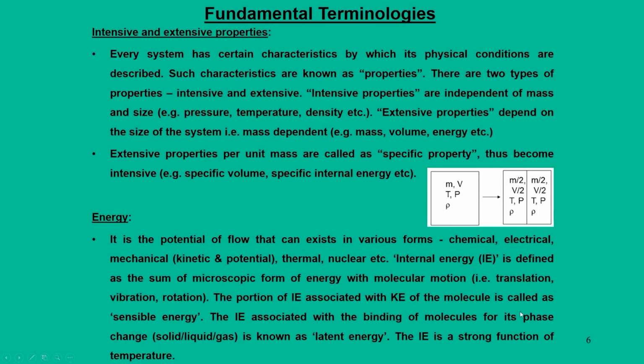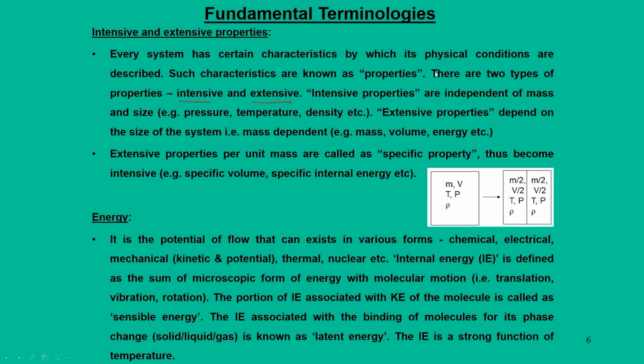Then we will move on to properties, and thermodynamically we view properties as either intensive or extensive. Every system is defined by its own identity or state, and that state is defined by its properties: pressure, volume, temperature, all are thermodynamic properties, but they are broadly categorized as either intensive or extensive.